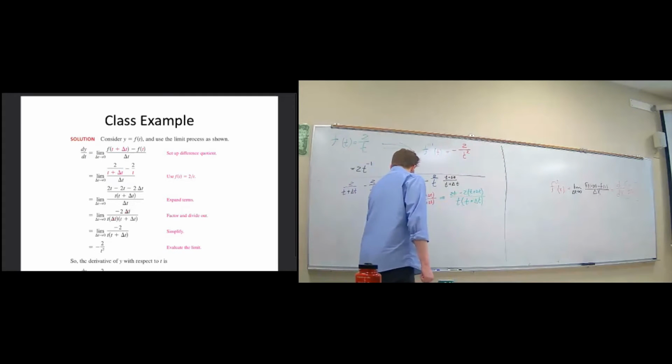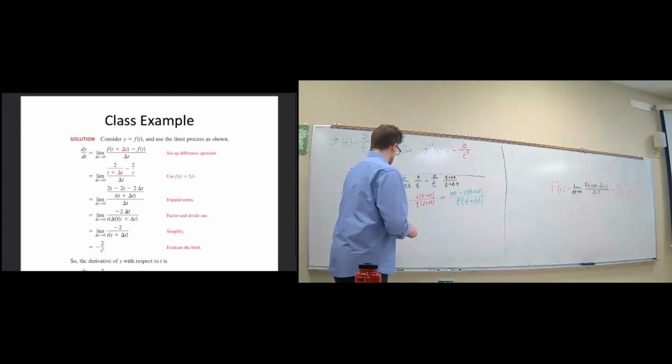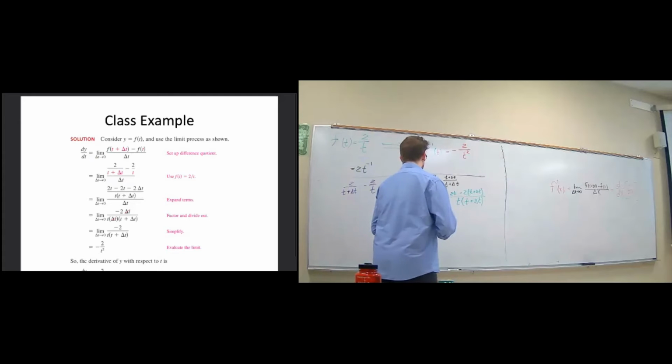Distributing this 2, we're going to have 2t minus 2t minus 2 delta t divided by t times the quantity t plus delta t.